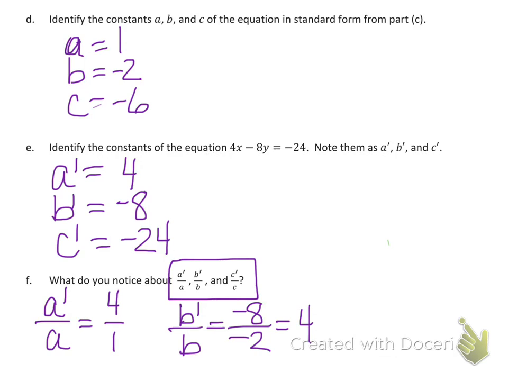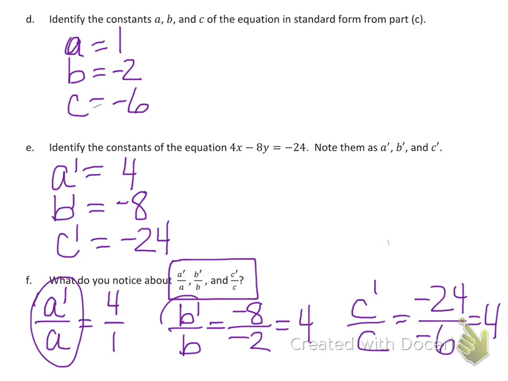And c prime over c is equal to negative 24 over negative 6, which is also equal to positive 4. So all three of these ratios of the coefficients of our equations in standard form are the same value.